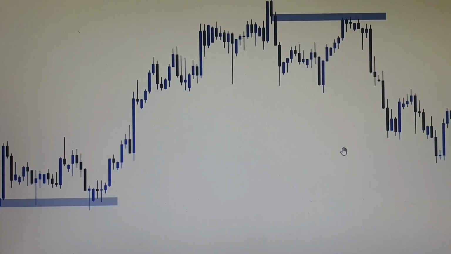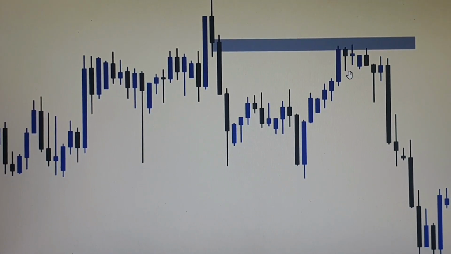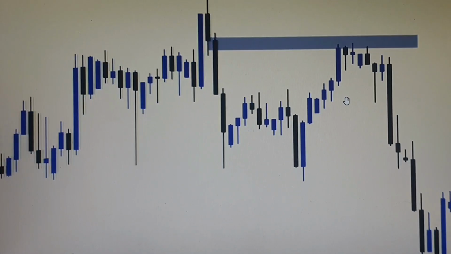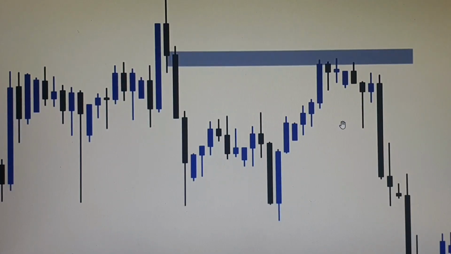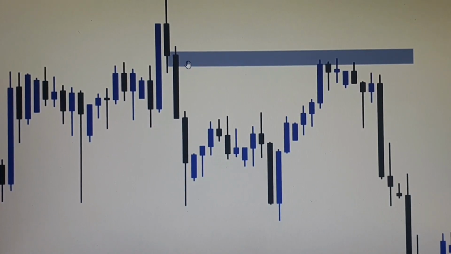Look at another example. I have another example here. You can see this is a cross doji where the market actually made a zone around this place. That's why the market came back to retest it before continuing to go down.